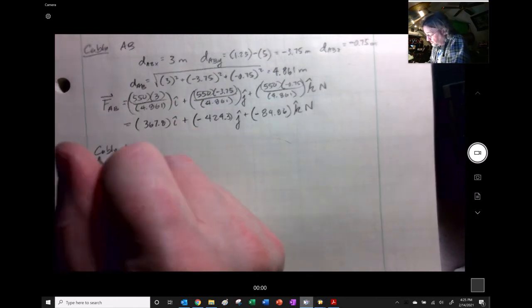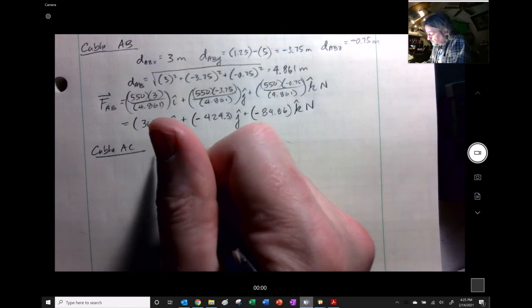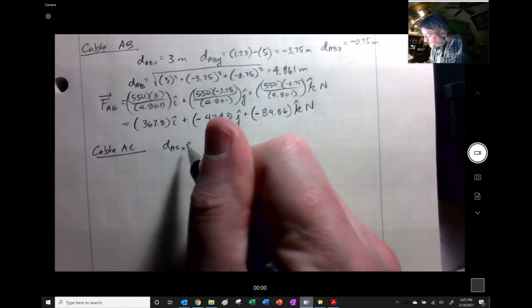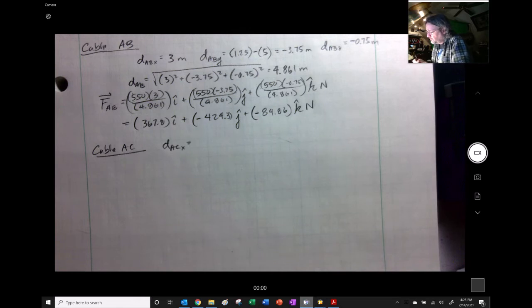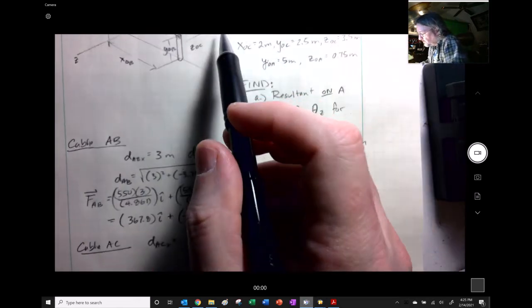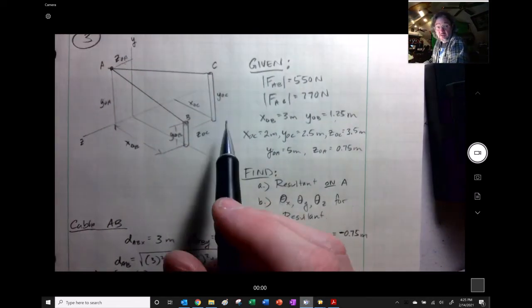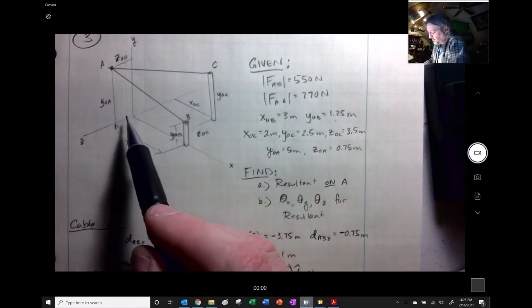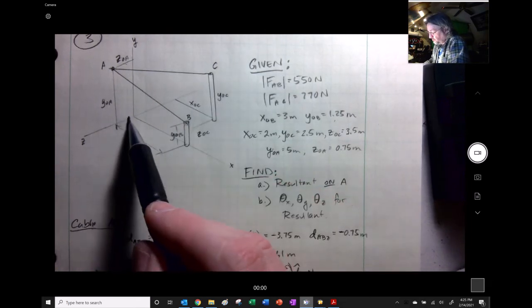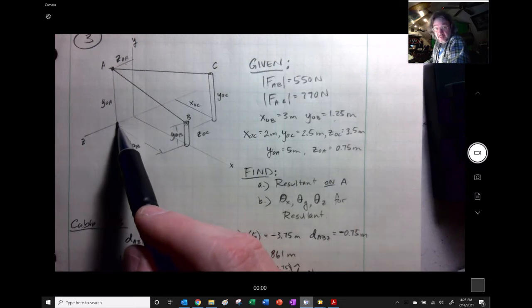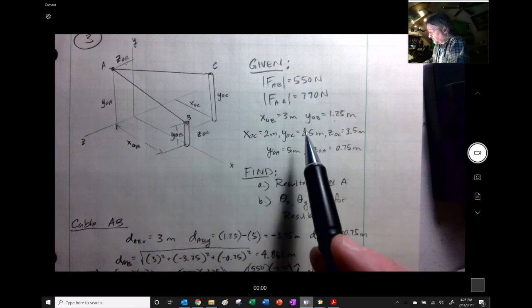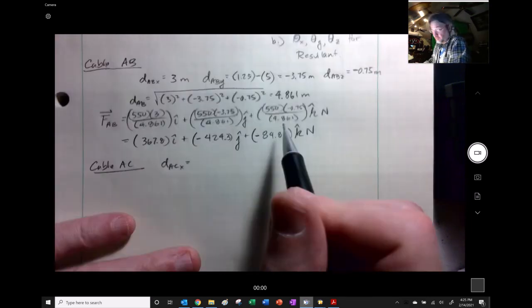AC. And our distance between A and C in the x direction, we start out, x1 is going to be 0, right? So we're starting here at 0, but we're going for OC, and OC was 2 meters.